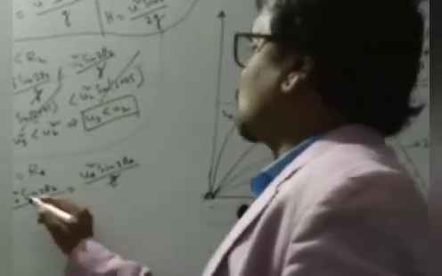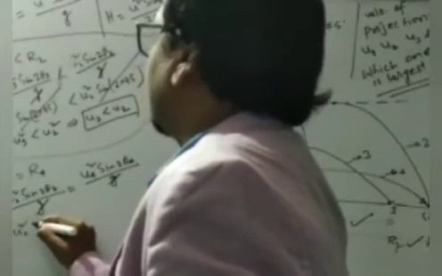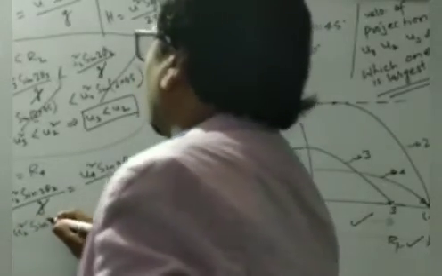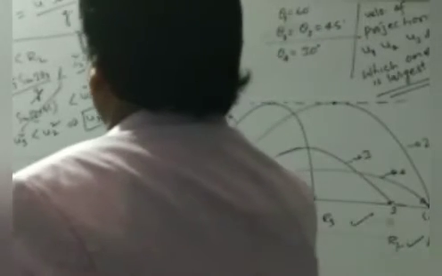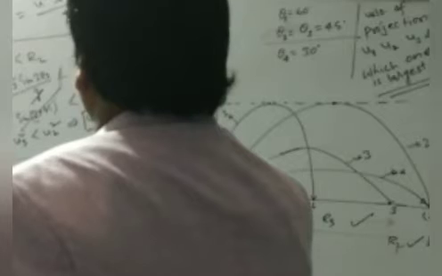So u2 square sine 2 into theta 2 is 45, and u4 square sine 2 into theta 4 is 30 degree.